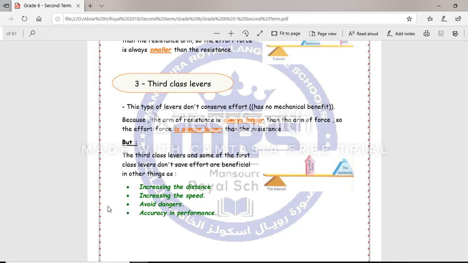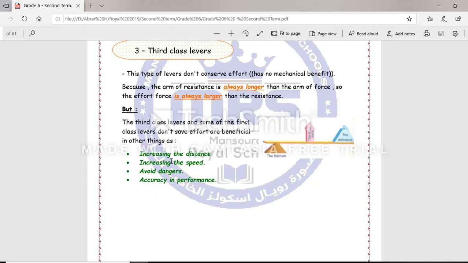It allows us in many other importances other than increasing force. So, the third class levers and some of the first class levers that do not save effort have other benefits. Like what? Increasing distance, increasing speed, avoid dangers, and accuracy and performance.